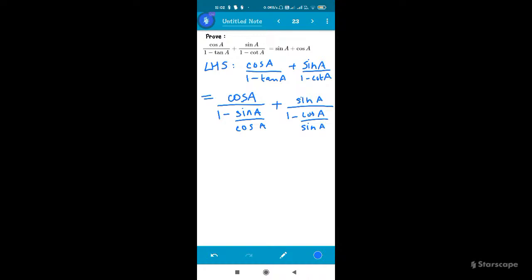So now we have fractional values in the denominator. So I'm going to simply take the LCM like we have been doing in the past few lectures.